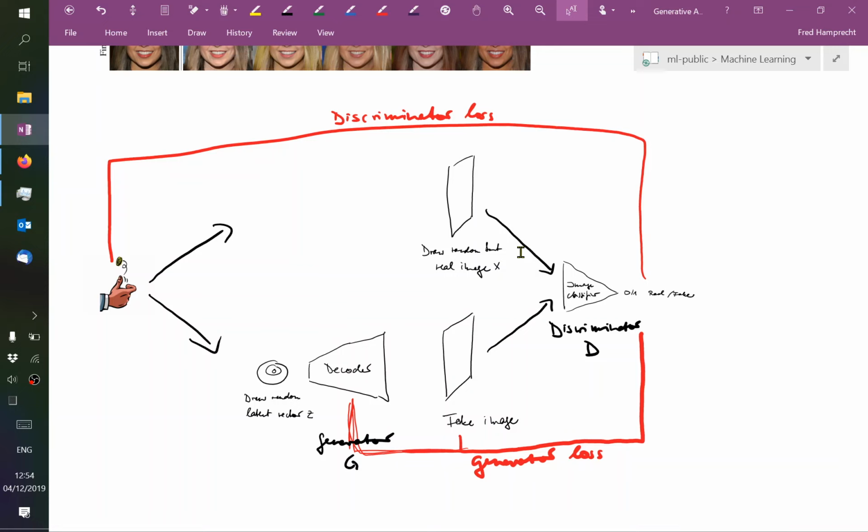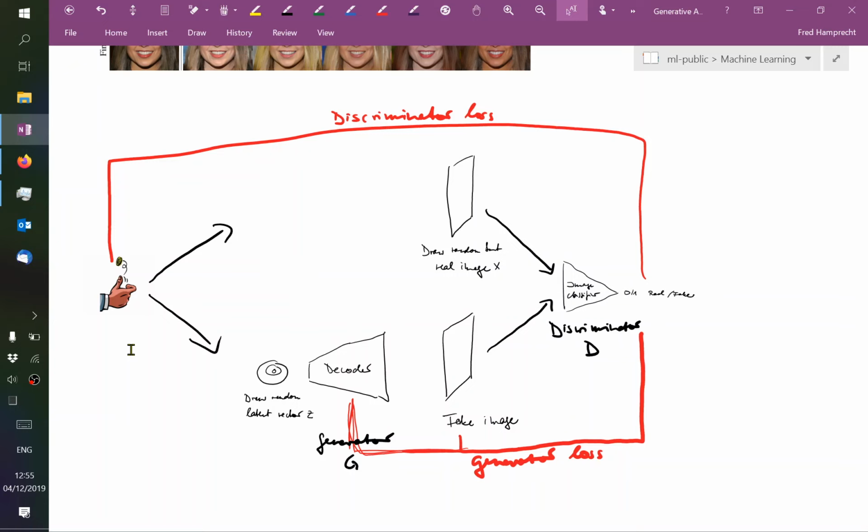So I can train my discriminator to become better at finding out whether it was presented a real image or a fake image. I've drawn here the discriminator loss, and this thing just means heads or tails, where I decide, am I going to give the discriminator a real image or a fake image?